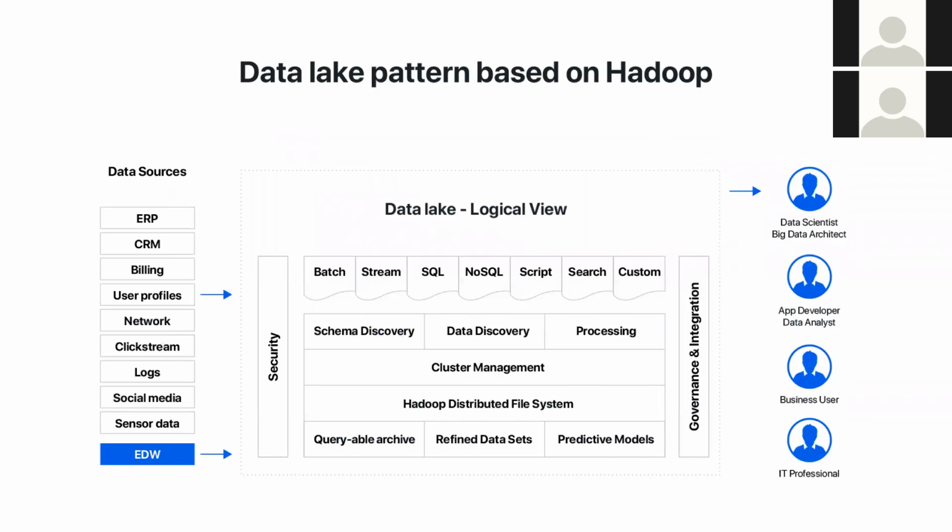First, we have Hadoop-based implementations. According to the model of the data lake defined previously, we have a couple of data sources. We have the data management layer, and we also have the data lake where the rest of the magic happens, and a wide array of business users that are interacting directly or indirectly with our data lake.